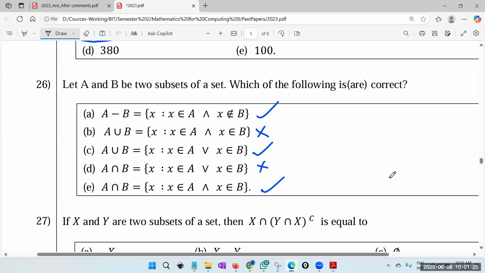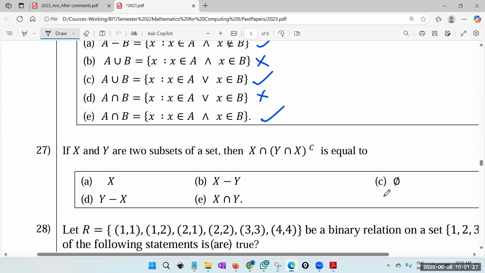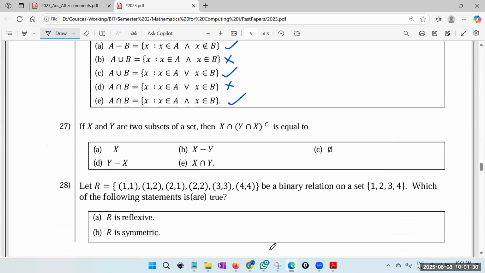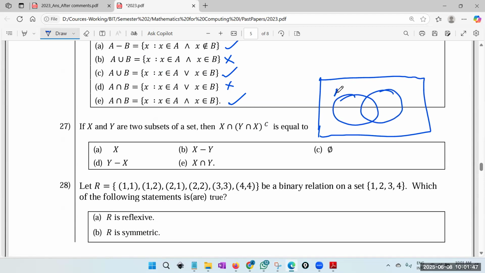Right, 27. If X and Y are two subsets of a set, then X intersection, okay, we will draw this. Just two sets, X and Y. I think we had a similar question, right?